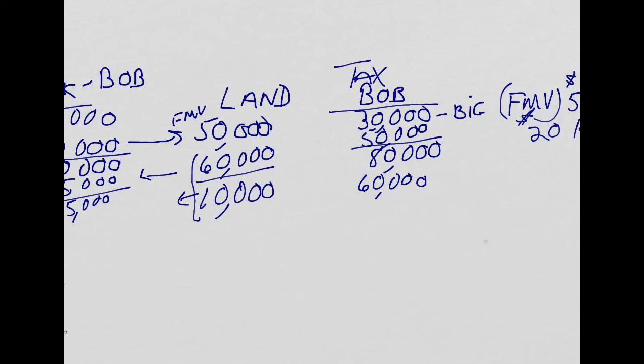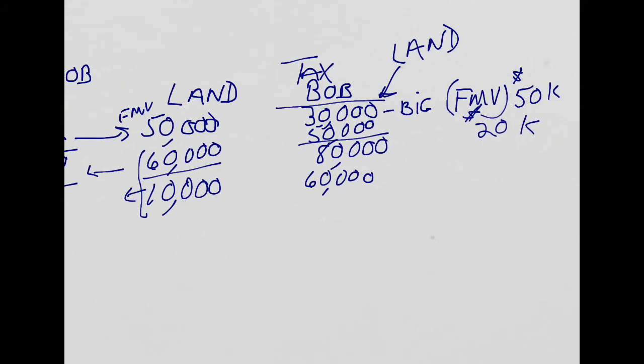The tax, Bob came in at 30 on the land. This is the land here. Carryover basis. But the fair market value at the date that the partnership was formed was 50, which is the built-in gain of 20. So when the gain is recognized for tax, remember the property is going to sell for 60. Here, basis is 30.